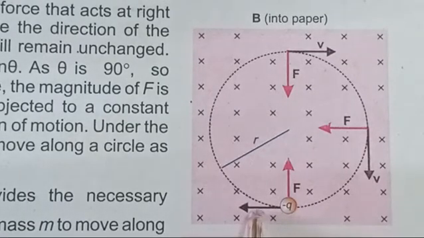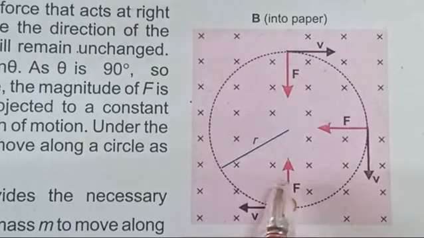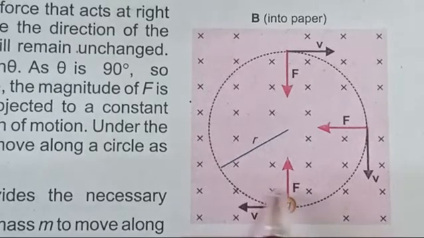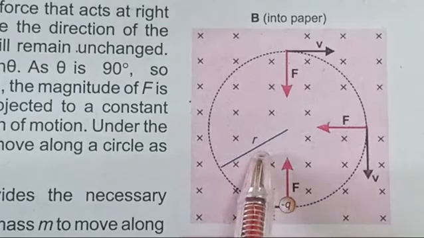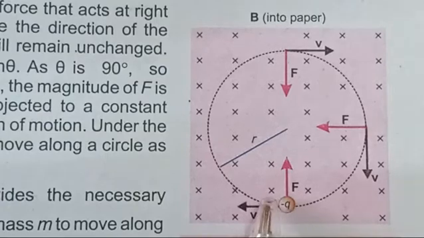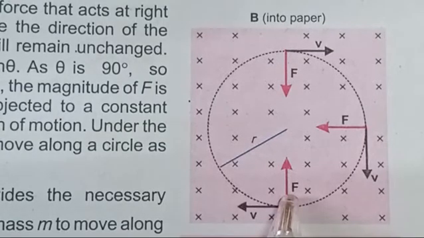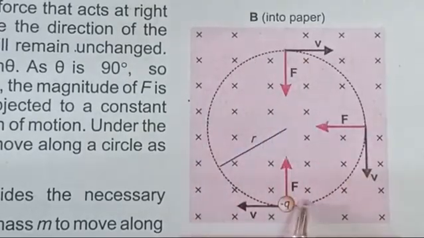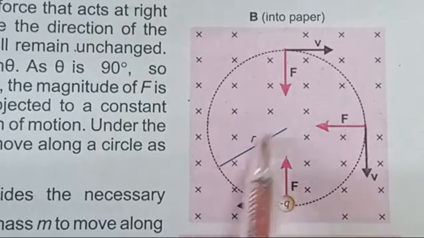The angle between v and the magnetic field, which is into the paper, is 90 degrees, as both are perpendicular to each other, while the force experienced by this charge due to the magnetic field is also perpendicular to both v and B. Now if we provide a centripetal force to this charge, and centripetal force is a force that keeps an object moving in a circular path, the electron will tend to rotate in a circular path as shown in this diagram by dotted lines. This circle has radius r.